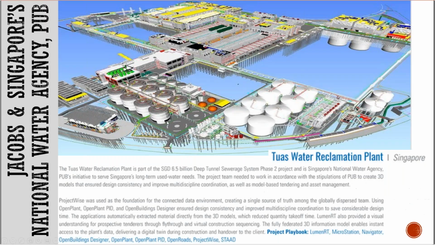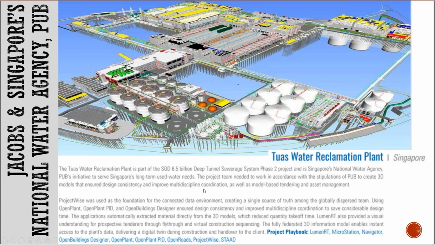This is one of the biggest, as of now, water treatment plants. The unique factor is that all of it is underground. It's a tunnel sewage system where you can see a number of piles everywhere.